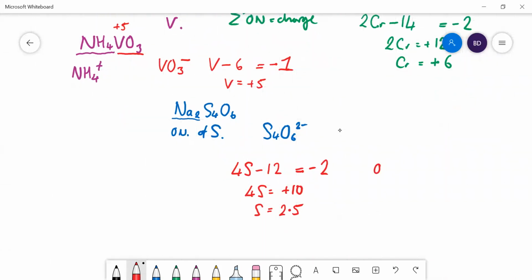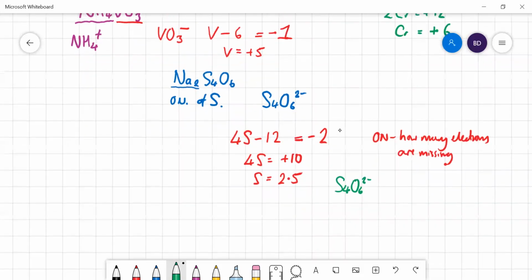What is oxidation number? It's how many electrons are missing, or how many it's short of. Okay, obviously you can't break an electron into 2, so what's gone on there? Well, you probably won't be that surprised if you think about it. What actually happened here is you've got this thing S4O6 2-, and the sulfurs aren't actually equivalent to each other.